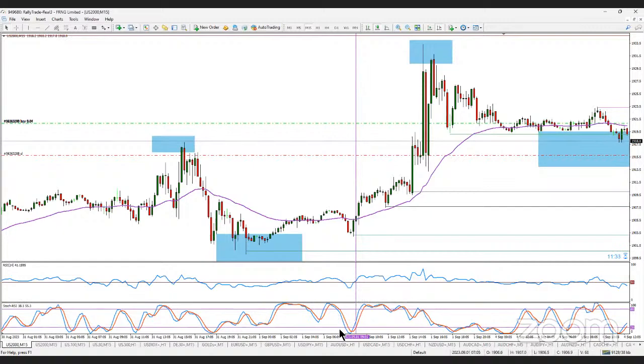Number three, the stochastic RSI is trading in the direction of the RSI, in that same direction. Look at this, the next candle reached the next resistance.